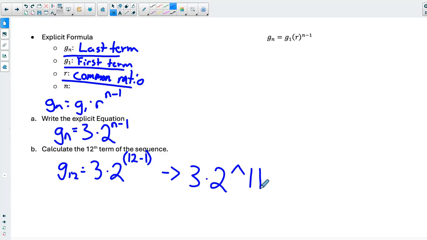Folks, you never put 6. You cannot combine those. Order of operation says we always go parentheses, got none of those, and then exponents. So it's 2 to the 11th, and then times 3. And so g of 12 gives you 6,144. Perfect.